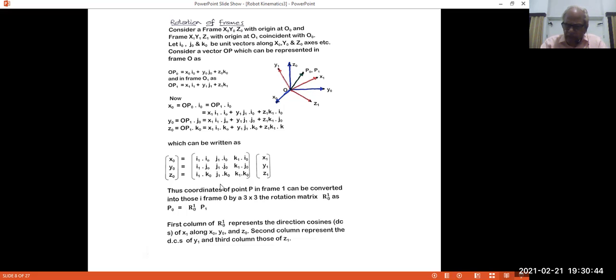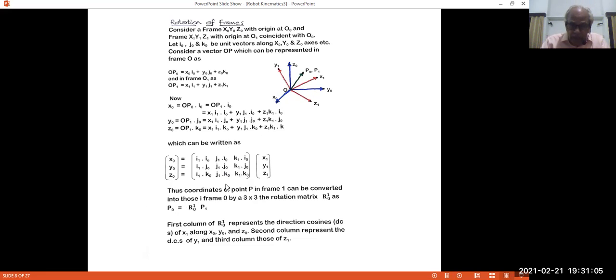Similarly, the second column is nothing but the components of a unit vector along y1 with respect to x0, y0, and z0, that is i0, j0, k0, and so on. Similarly for vector k1.